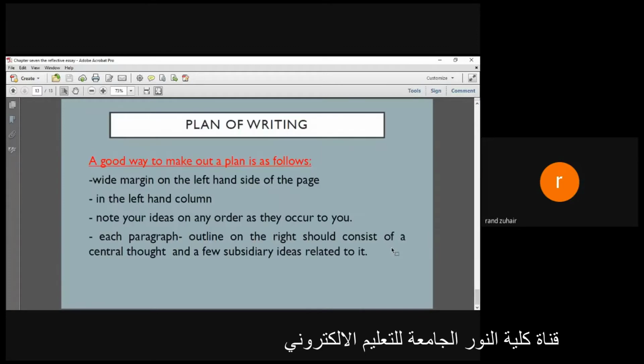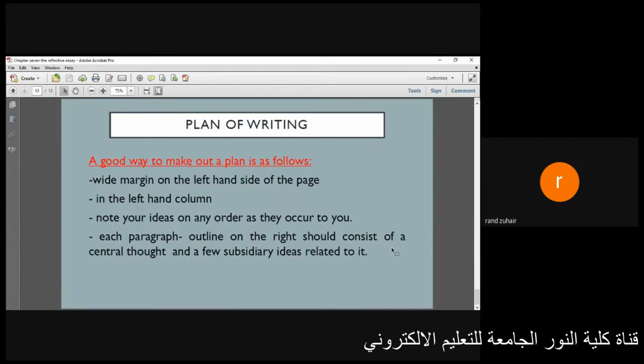How to make out a plan for writing is as follows, as we mentioned in chapters 5, 6 and 7 in the kinds of essay, where we had a note on the plan. Leave a wide margin on the left hand side of the page, in the left hand column, where you put your ideas and your vocabularies.